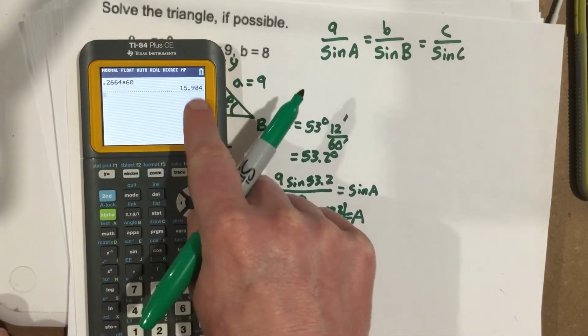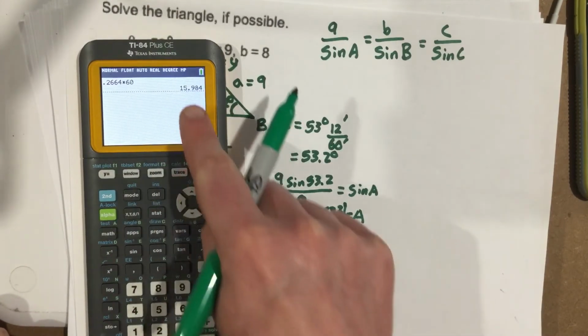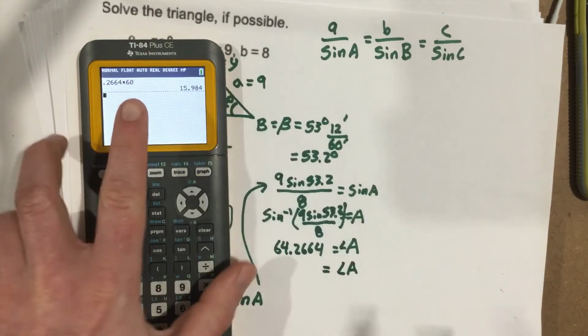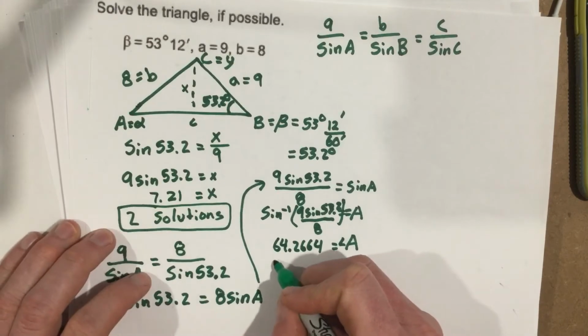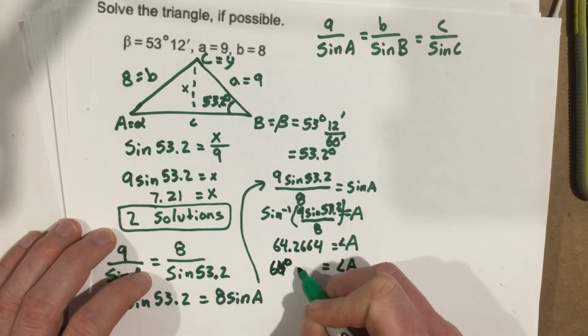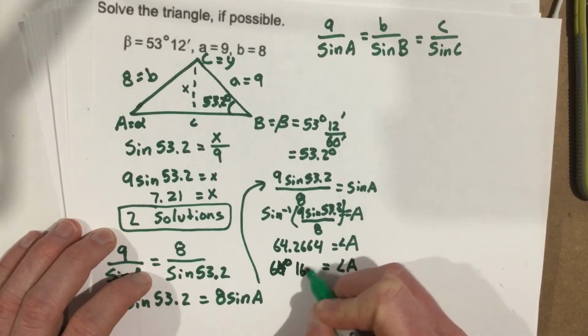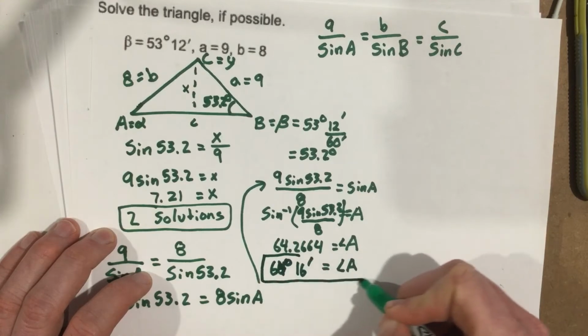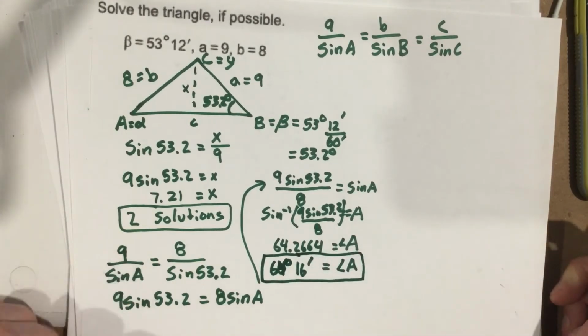And that's 15.984. And because they want it in minutes, they say round to the nearest minute, we're going to end up with 16 minutes. So this is 64 degrees, and then 16 minutes. Okay, that's going to be one of our answers right there. 64 degrees, 16 minutes.